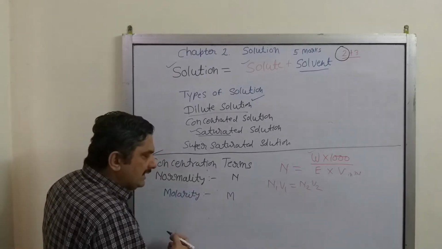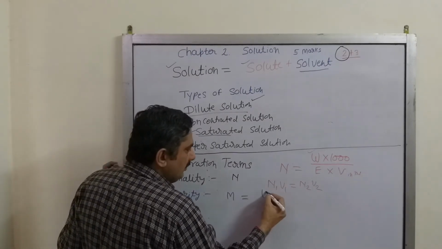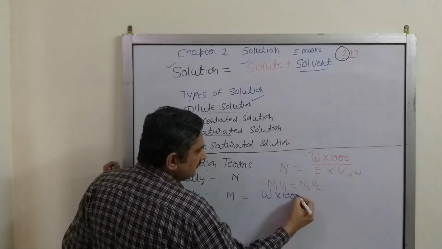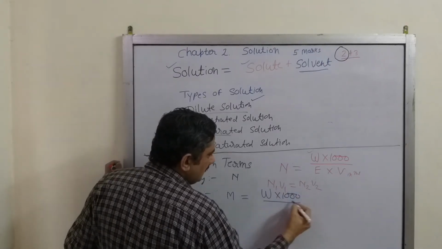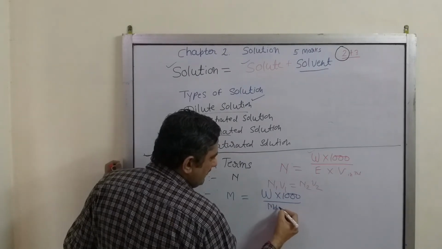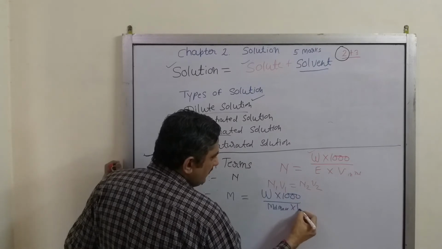The molarity is calculated with the help of the formula M is equal to W into 1000 upon molecular mass into V in ml.